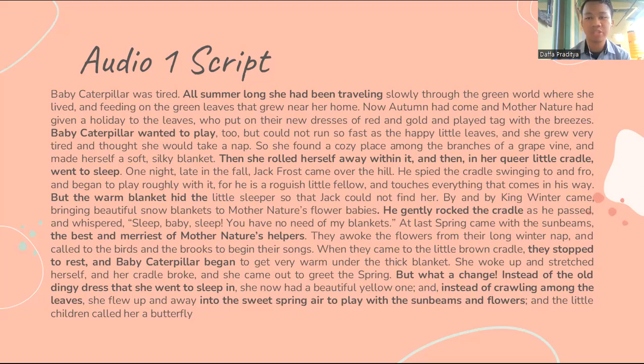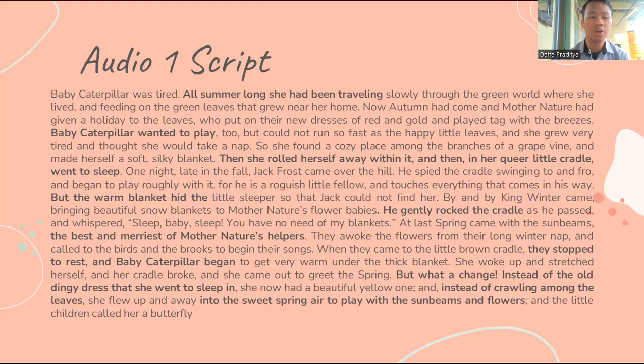Baby Caterpillar was tired. All summer long, she had been traveling slowly through the green world where she lived, and feeding on the green leaves that grew near her home. Now autumn had come, and Mother Nature had given a holiday to the leaves, who put on their new dresses of red and gold and played tag with the breezes. Baby Caterpillar wanted to play, too, but could not run so fast as the happiest little leaves.